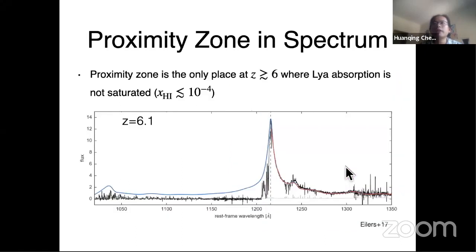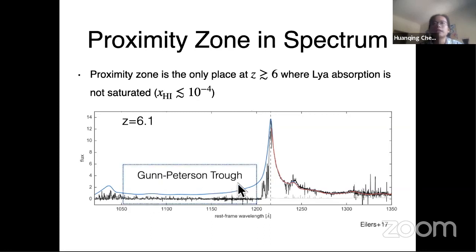Here I show an example from Eilers' paper. This is a pretty typical reionization epoch quasar. Although at redshift 6 the universe is already pretty ionized, because of the large cross-section of Lyman alpha photons, as long as there is some trace of neutral hydrogen, we will still see saturated absorption.